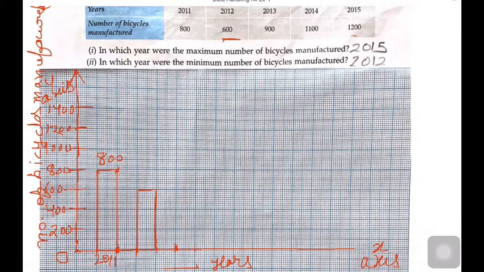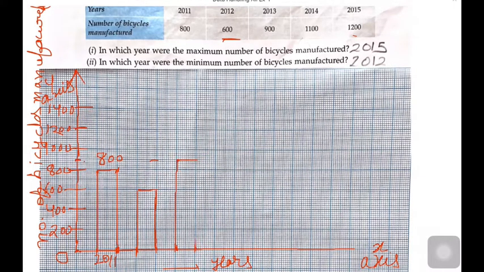Fine. Now your one box gap will be there, and the next reading that we have is 900. So where will be the 900? In the middle of 800 and 1000. So this point will be of 900. Fine. So we'll move on this line and it will be somewhere here in the middle of it. So now you are going to join it from the bottom.